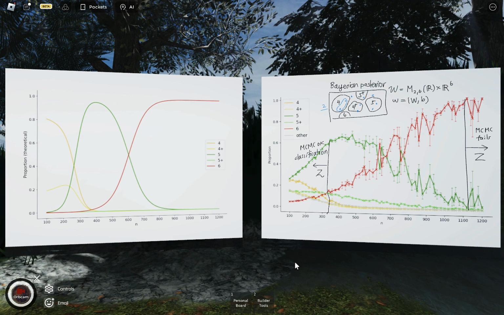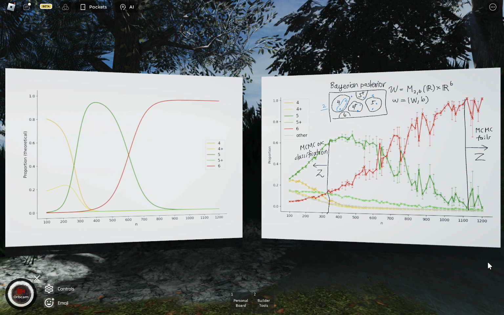And as n increases, the trade-off goes the other way vis-a-vis the 6-gon, so that at high n, most of the samples look like 6-gons. And this illustrates the basic principle of phase transitions in Bayesian statistics as exhibited by singular learning theory, which is that, at a qualitative level, for low n, it's possible for bad parameters, from the point of view of being close to the true distribution, or as we would say in ML, the loss being low, to be preferred.